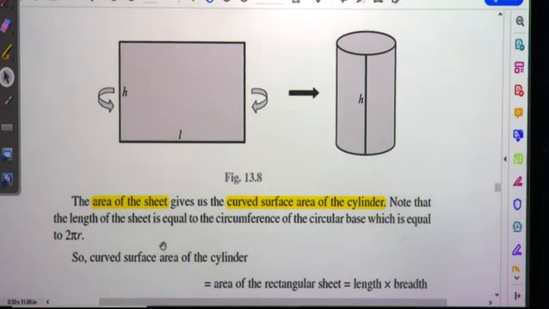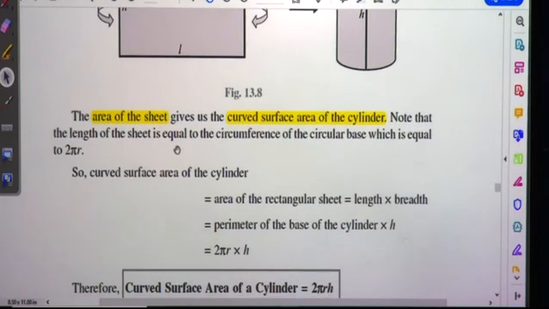So, curved surface area of the cylinder is equal to area of the rectangular sheet, which is equal to length into breadth, which is equal to perimeter of the base of the cylinder into h.